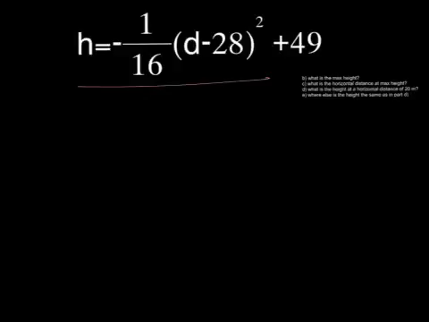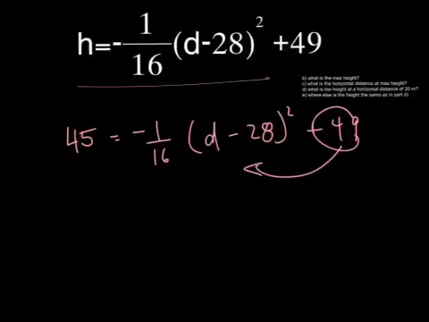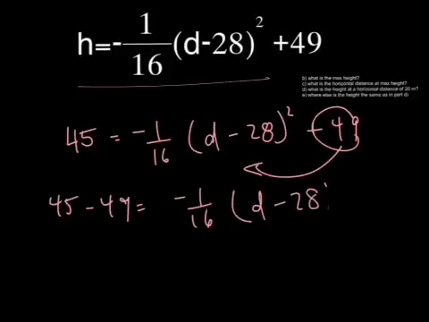So now h is going to be 45 meters, and that's equal to negative 1/16 times d minus 28 squared plus 49. I'm going to bring the 49 to the other side, which makes it negative, so we have 45 minus 49, and that's going to give us negative 4.